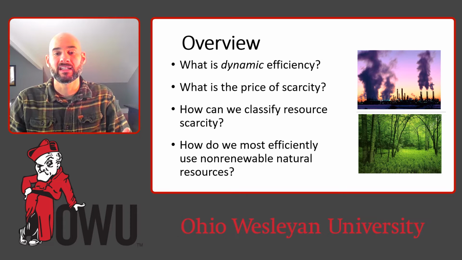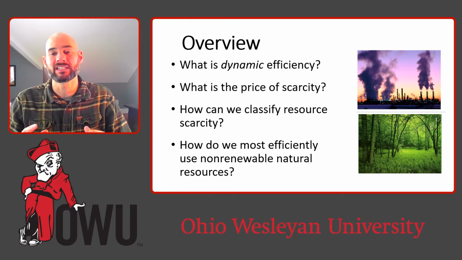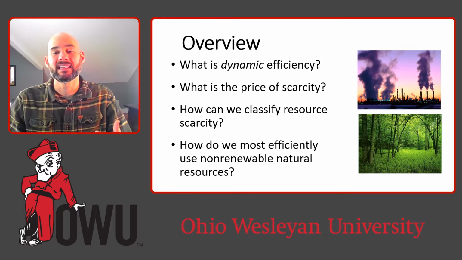We're then going to discuss an overall system for classifying resource scarcity, and then move on to concluding the lecture by considering how we most efficiently use and manage our non-renewable natural resources.